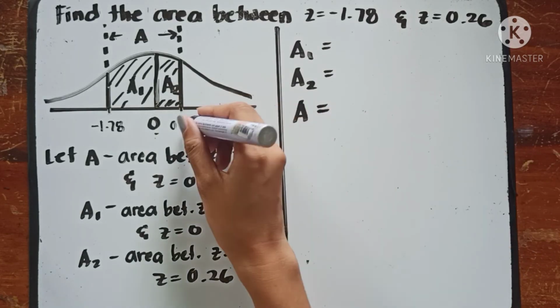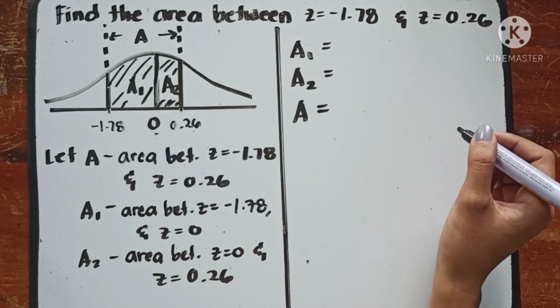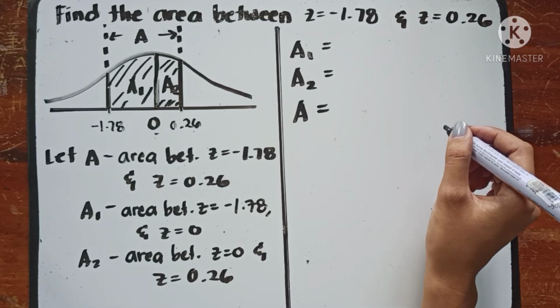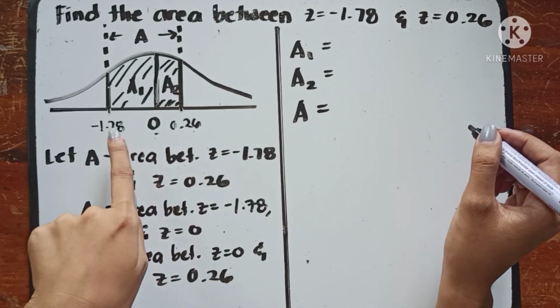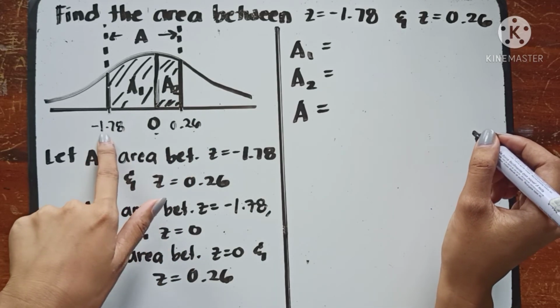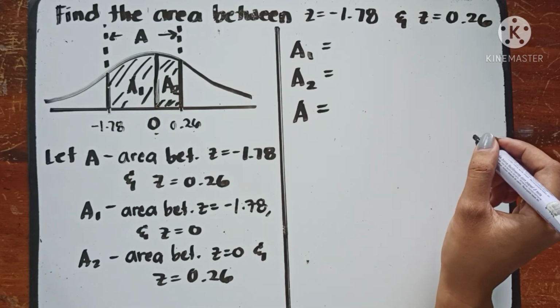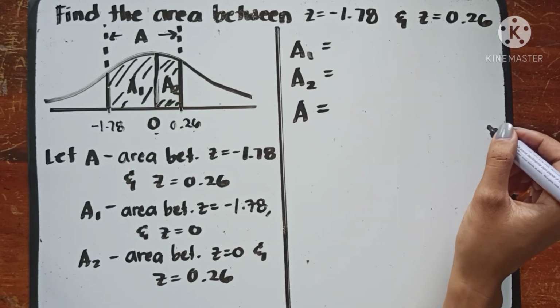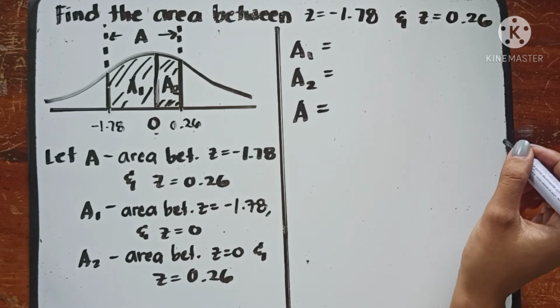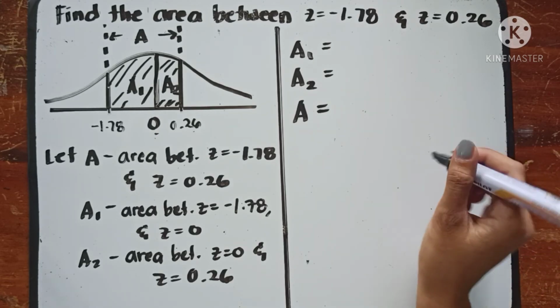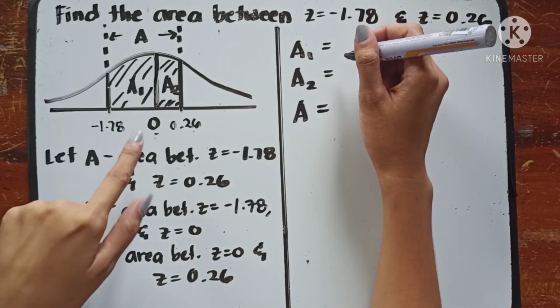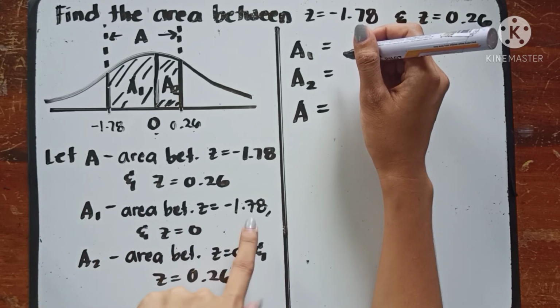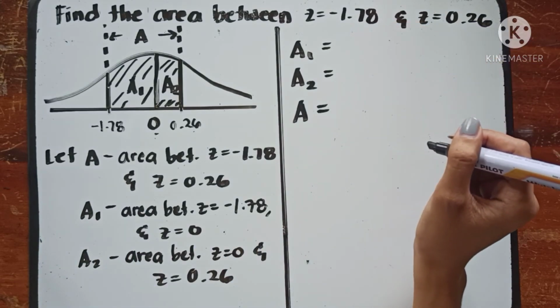Kung ano yung value niya sa positive, yun lang din yung value niya sa negative. So ano yung area niya sa positive 1.78, yun lang din yung area niya pagdating kay negative 1.78. Again, that is symmetrical to the mean. Okay? So, ang hahanapin lang natin sa A sub 1 is yung positive 1.78.